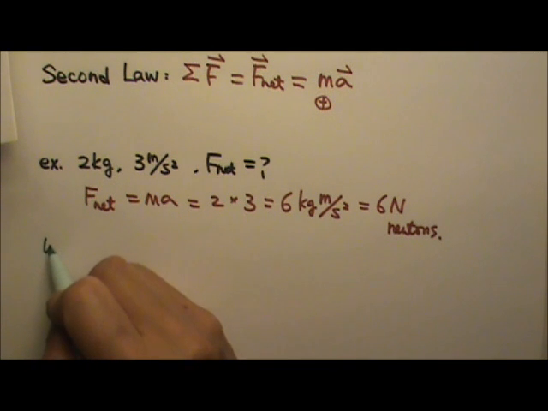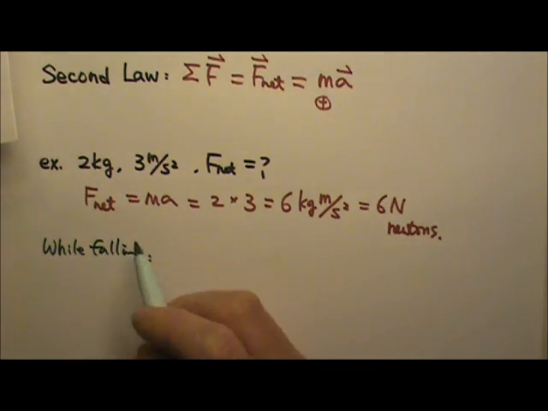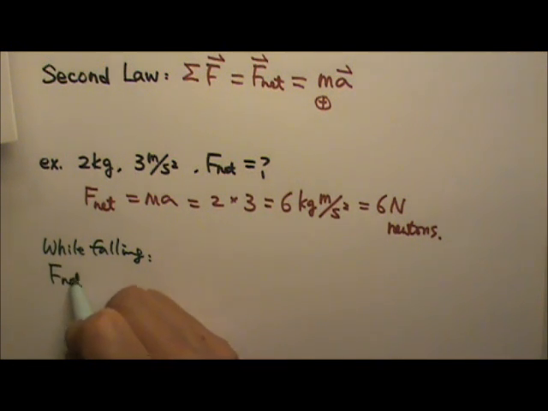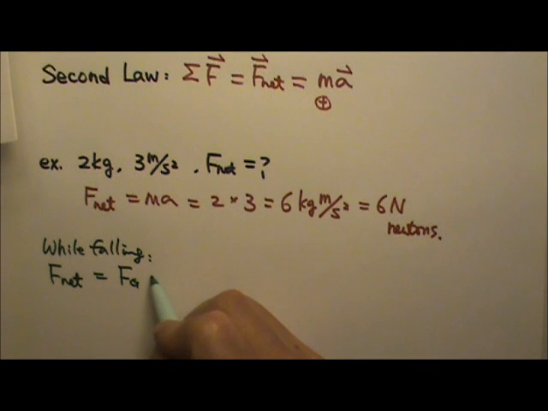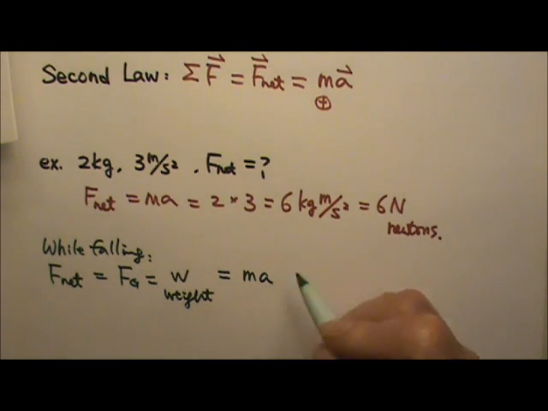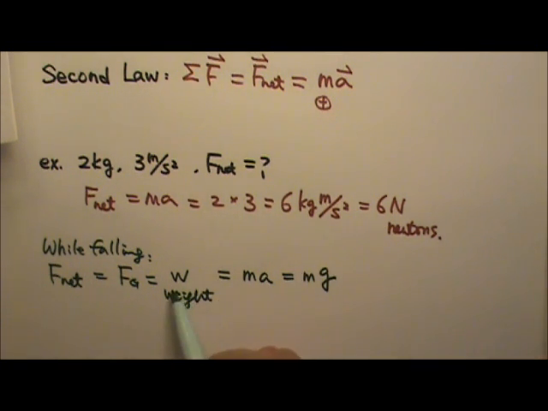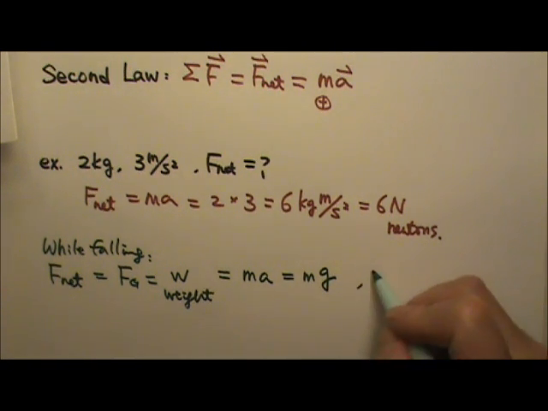Which means while falling, the net force is the gravitational force, is the weight of the object. And since the net force equals ma, and while falling, the acceleration is the gravitational acceleration g, that means weight equals mg.